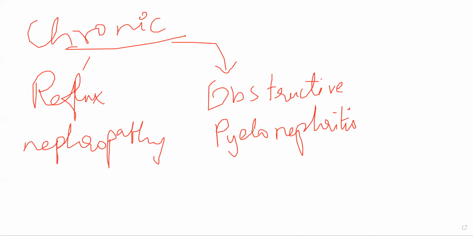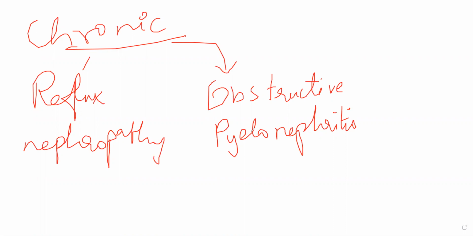Reflux nephropathy refers to reflux of urine. Whenever the person is urinating, urine will reflux. Essentially, the sphincter of your bladder is not working properly, and urine will start refluxing back from the bladder into one or both of the ureters. This is happening during urination, and this can lead to urine refluxing back into the kidney itself.